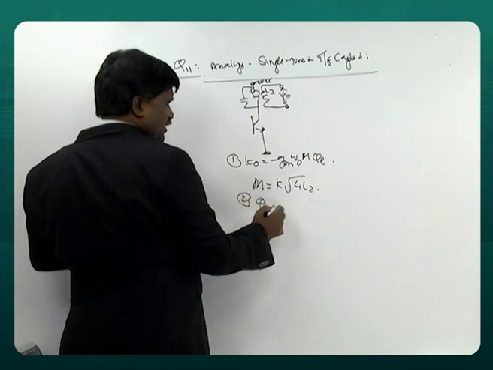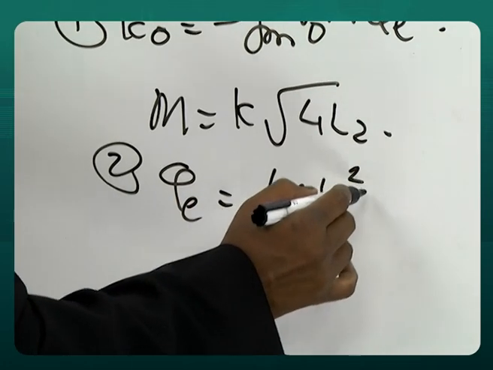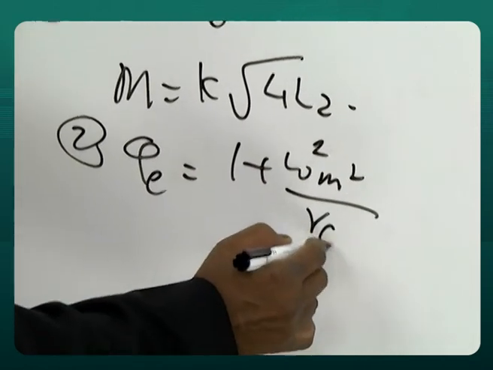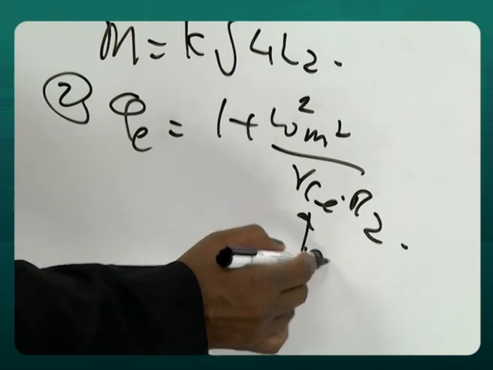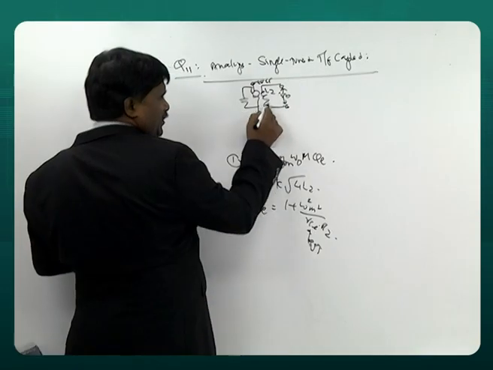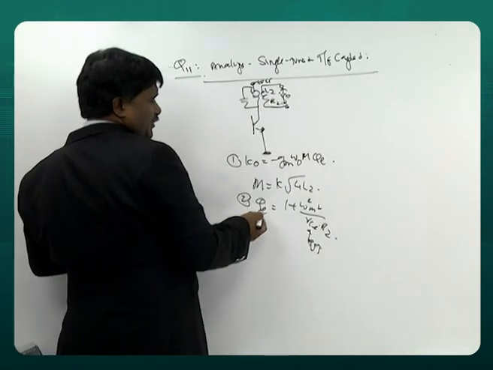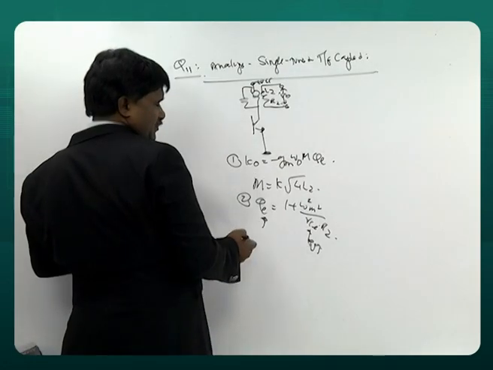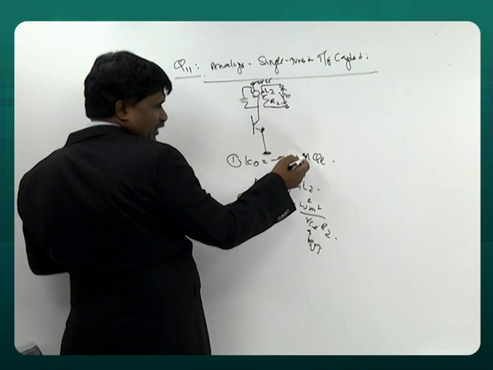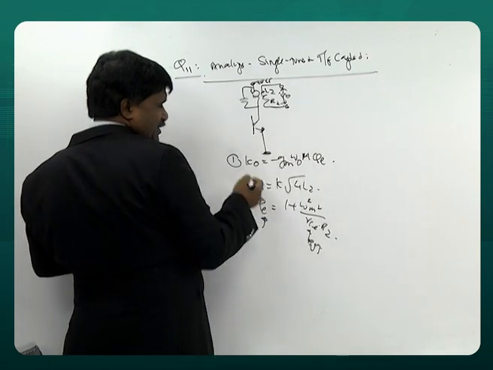Then quality factor is defined as 1 plus omega square M square by RC into R2. What is RCE? Output of BJT. R2 is, therefore, effective quality factor substituted. But if we compare with L and L, this is greater.